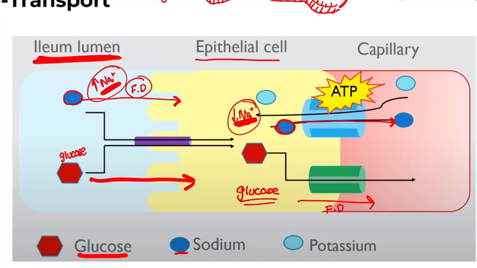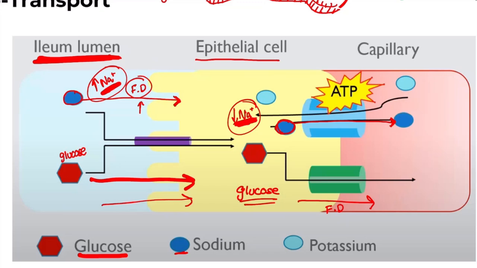So there's a high concentration in the lumen, and now there's a low concentration in the epithelial cell. The sodium ions are going to move by facilitated diffusion from the lumen into the epithelial cell. They're not going to go by themselves. They're going to go through a transporter protein, and they're going to take a molecule of glucose or a molecule of amino acid with them. So they're going to transport glucose from the lumen into the epithelial cell this way.